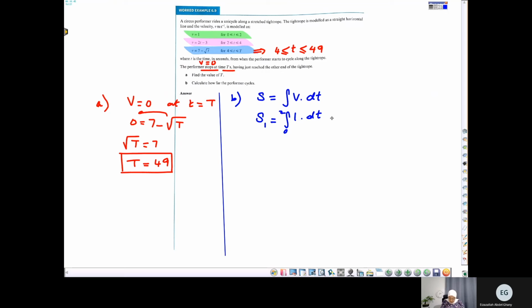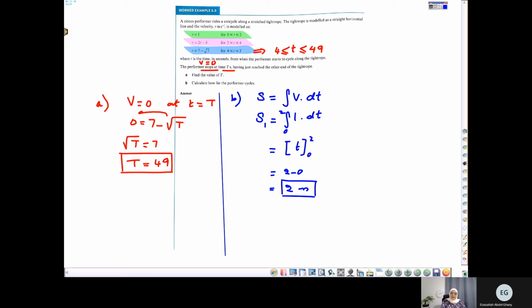When you integrate 1, you put in the box brackets just t from 0 to 2. And this means upper minus lower. So it will simply be 2 minus 0, which is 2. 2 what? 2 meters. First stage is done.